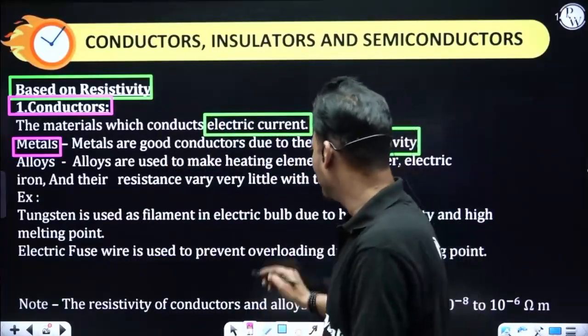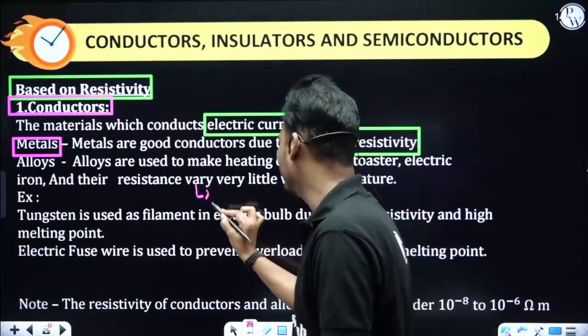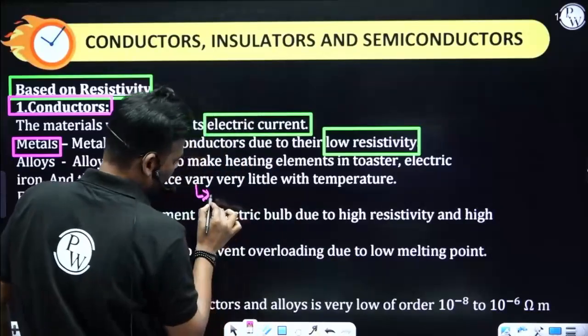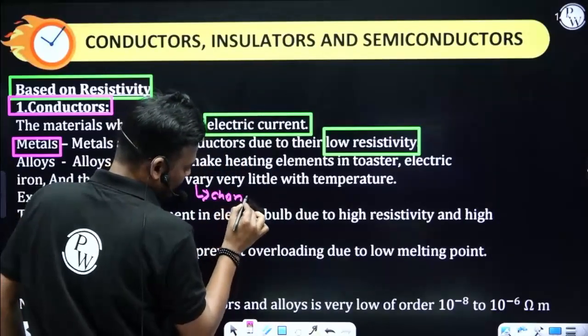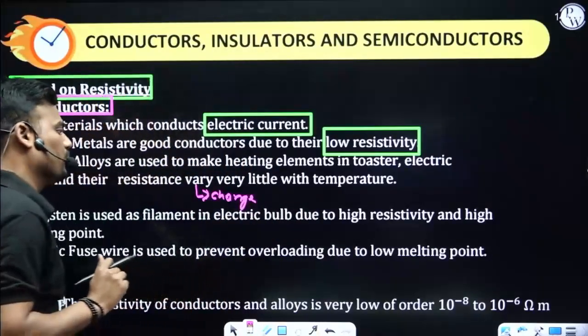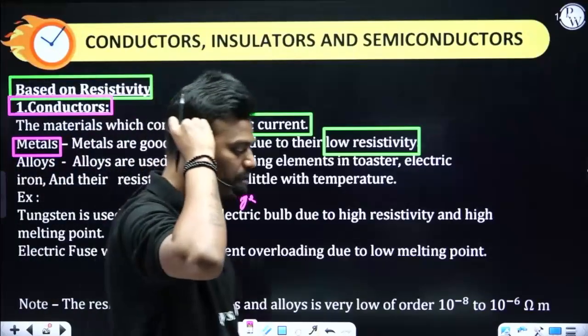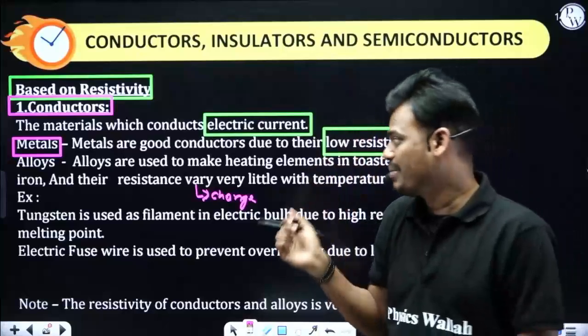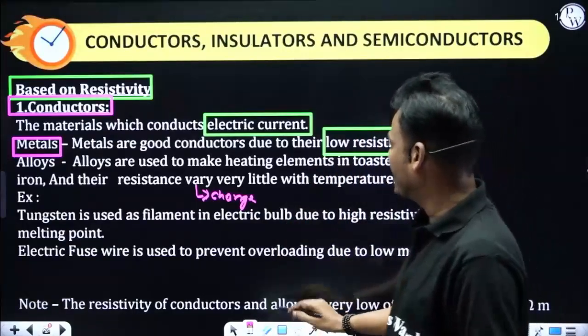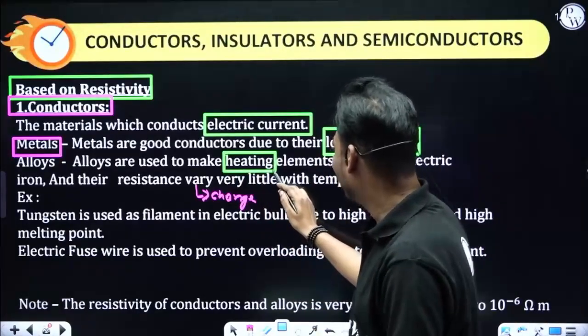Vary means change, a very small change. Alloys are a mixture of two or more metals, so here we can use them as heating elements.